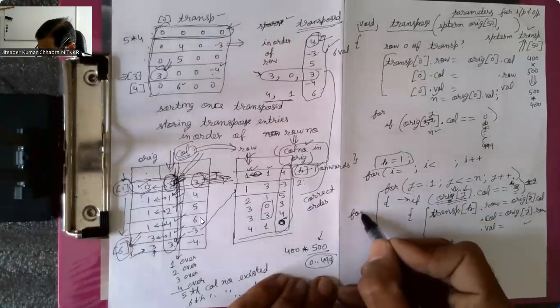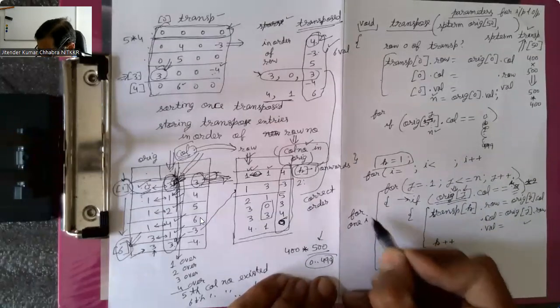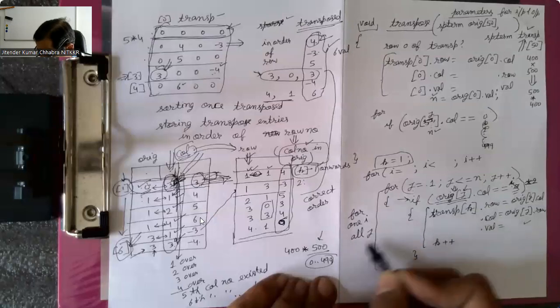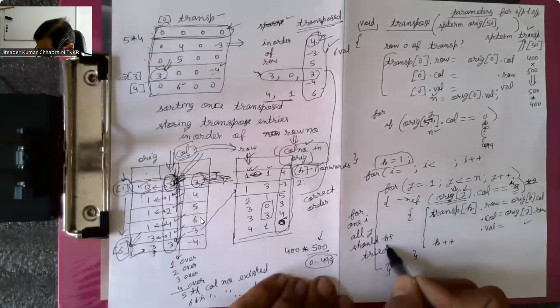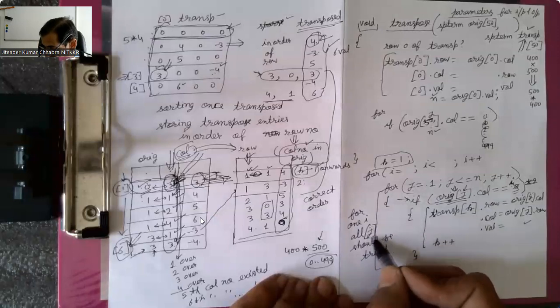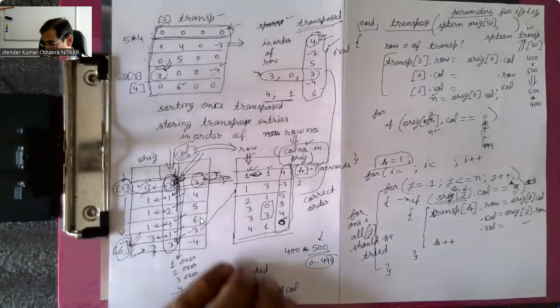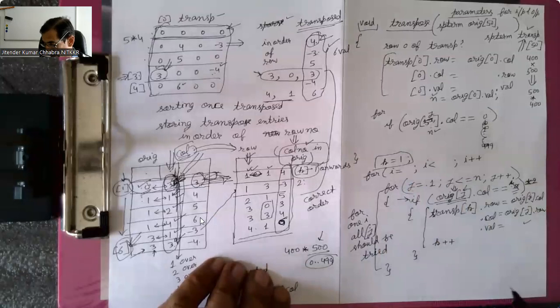For one I, all j should be tried. So nesting is decided like this. I want the same I to be used for all different original entries. Then the same next I to be tried for all entries.